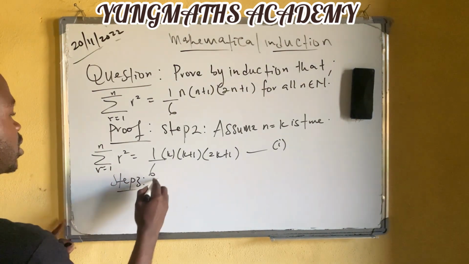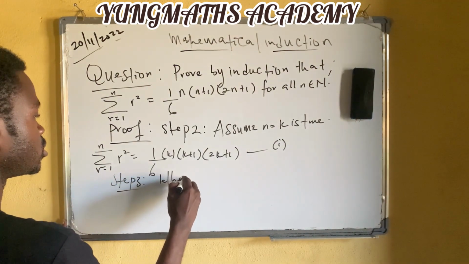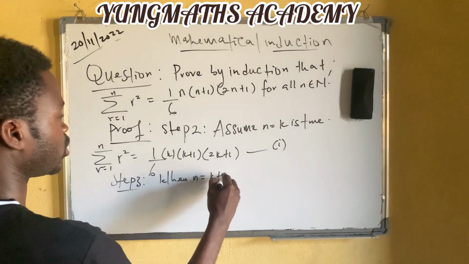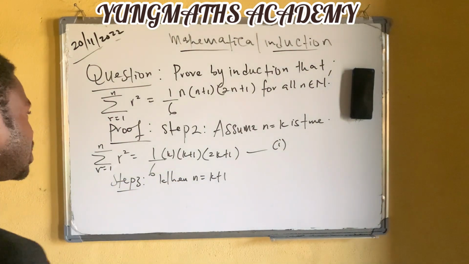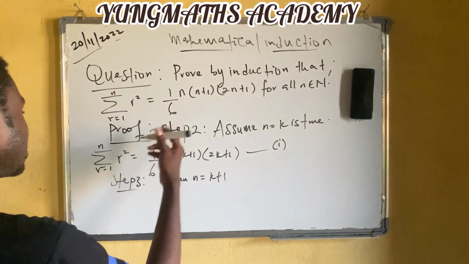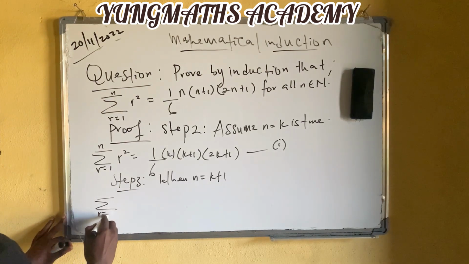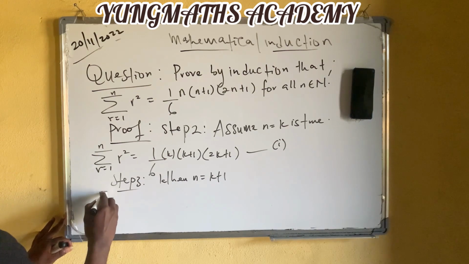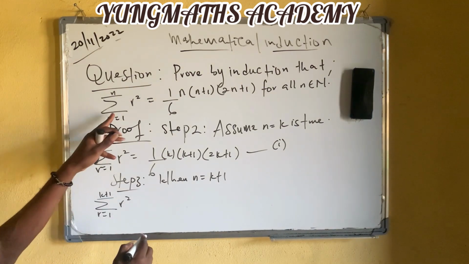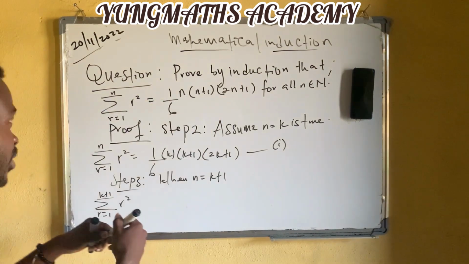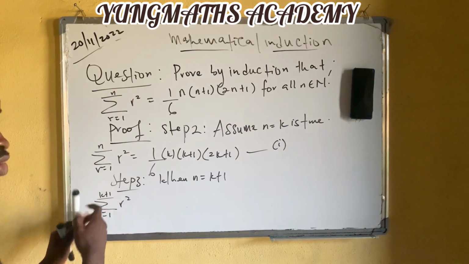So step 3 is when n equals k plus 1. When n equals k plus 1, I'll just substitute that. I'll write summation r from 1 to k plus 1 of r squared. So we have to show this left hand side is equal to the expression using k plus 1.